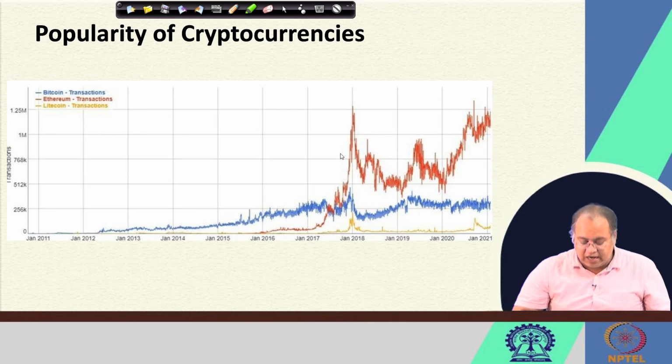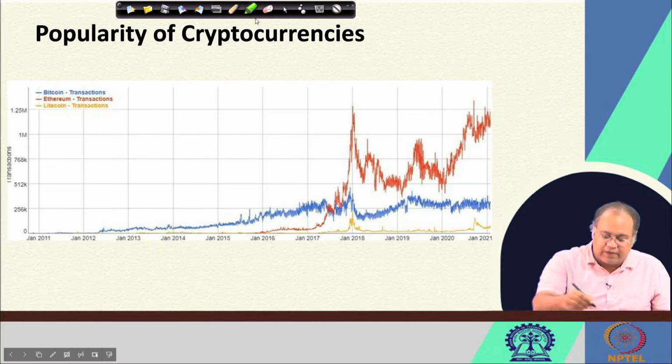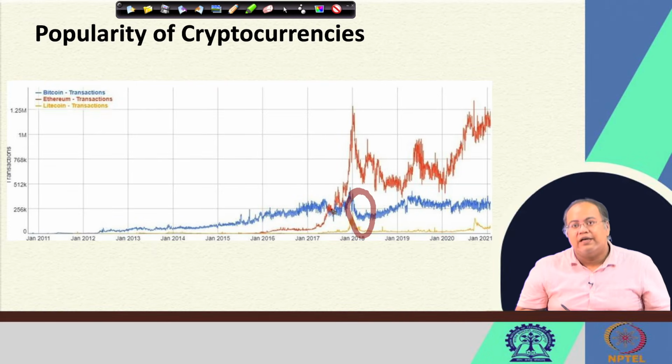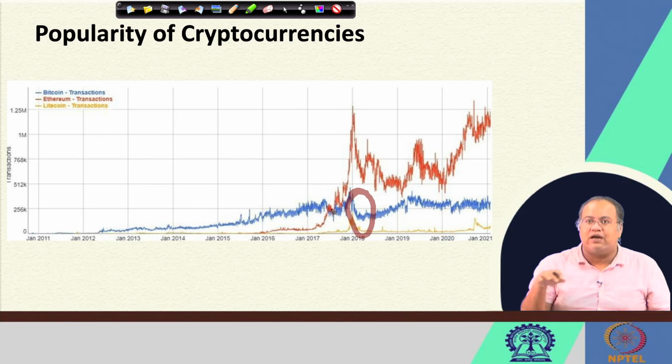That's why you see a drop after 2018, because during that time this legal debate around Bitcoin was there in the market. People started debating whether Bitcoin should be legal or not. After that, this entire debate faded a bit, and people again started using Bitcoin, and the popularity increased again.